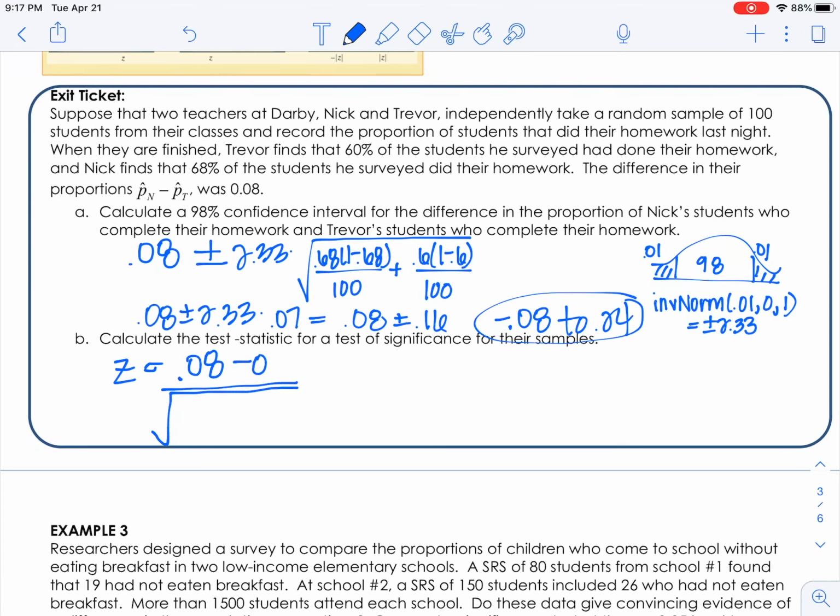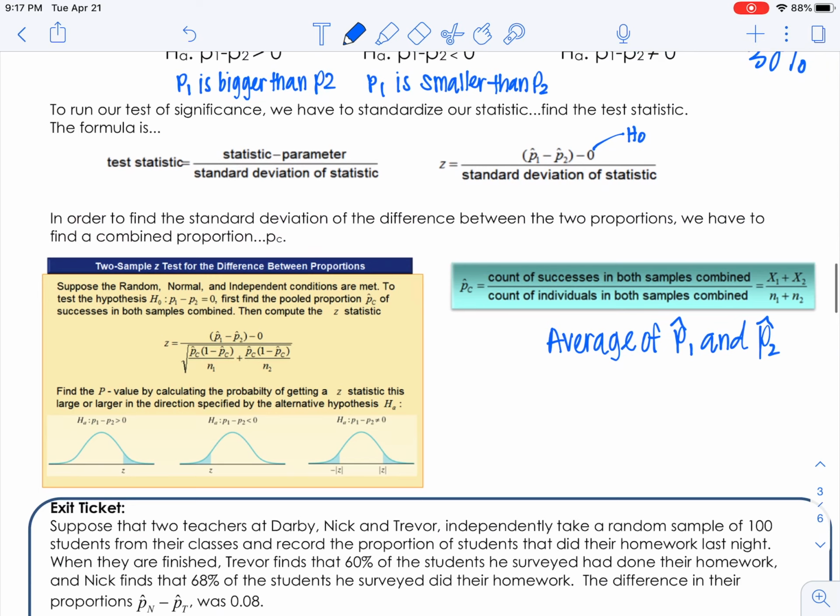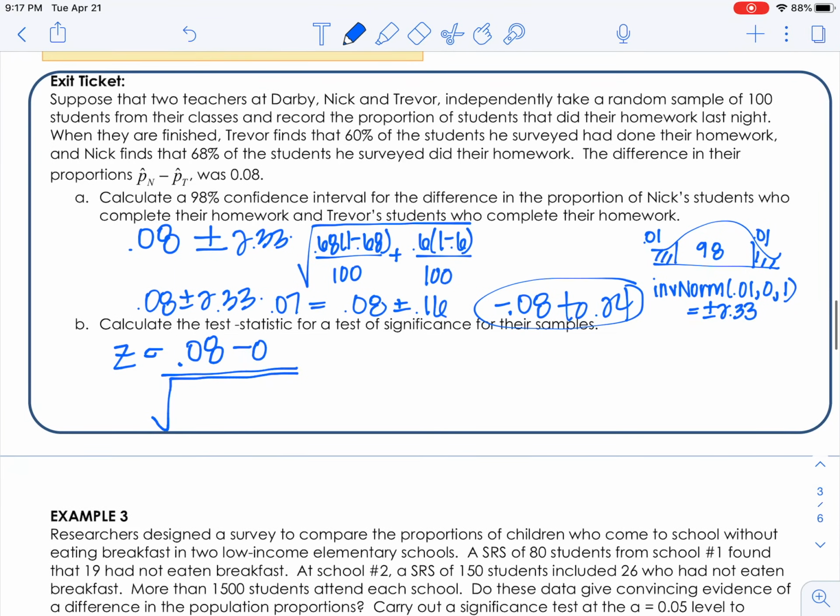So typically that PC is the count of all successes over the total number of individuals. Now here we have our percents, but we also know that those are percents of people out of 100. And so what we can do is say Trevor found 60 students out of his 100 and Nick found 68 students.